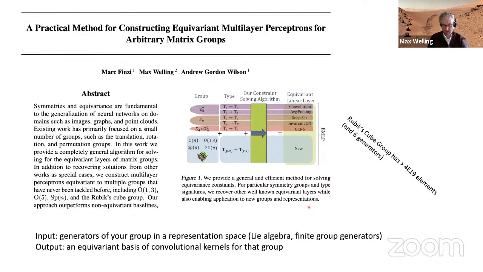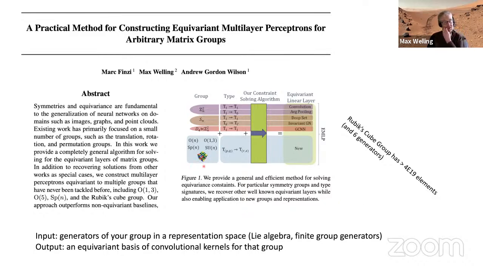And it holds for both continuous Lie groups as well as for discrete groups. For both of them, you would just need the generators. Then you can stick this in a piece of code that Mark Finzi developed, and you can actually get an equivariant basis of convolutional kernels out for that group. And that's very nice because you can then get a basis of filters, and you can just learn the coefficients which multiply these kernels, and then you're guaranteed to have an equivariant convolutional neural network. And you have to think about the nonlinearities, obviously.